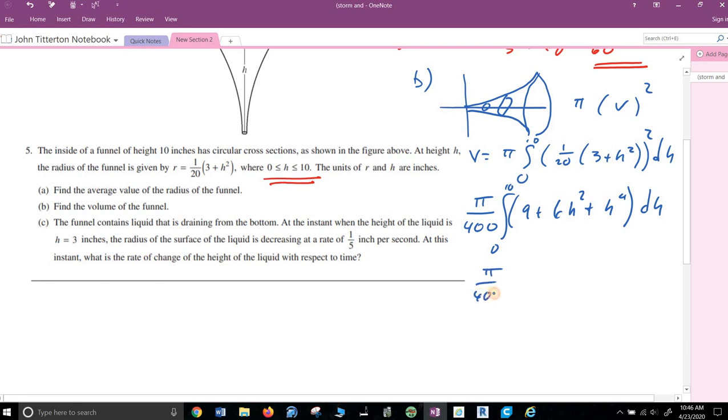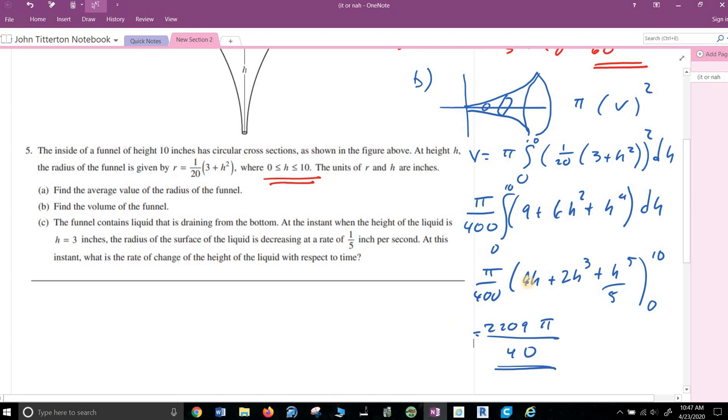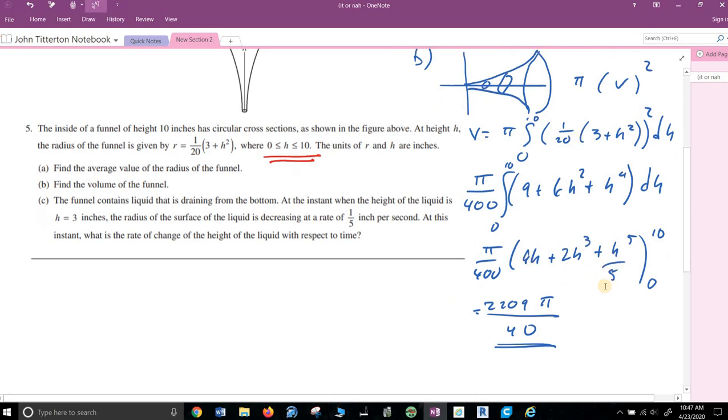Pi over 400 times 9h plus 2h to the third plus h to the fifth over 5, from 0 to 10. Do a little math and you should end up with 2,209 pi over 40. Use the calculator math FRQ button at this point. If not, just plug in 10, find a common denominator. Actually, I don't need a common denominator. Divide out the 5 and add them up. It's not too bad.